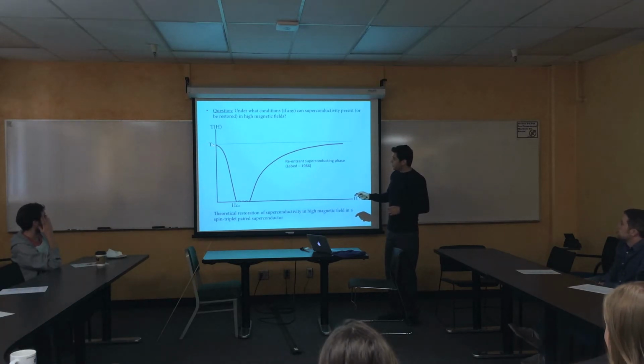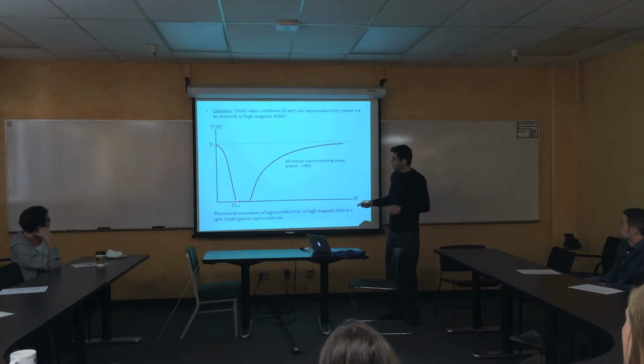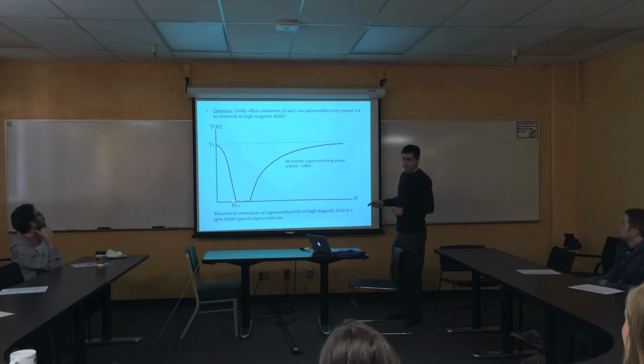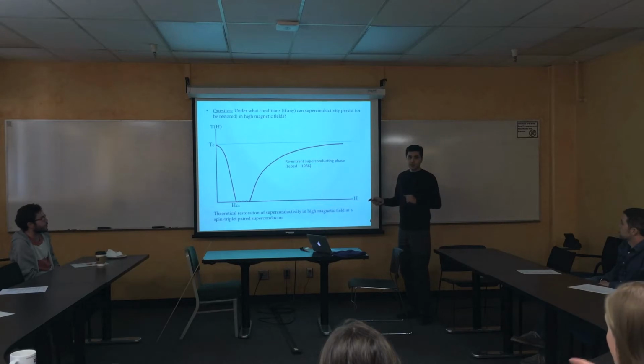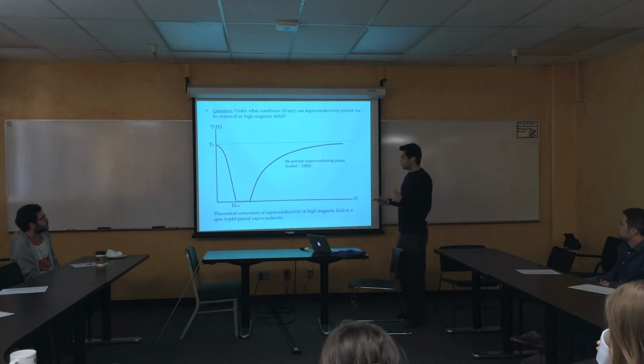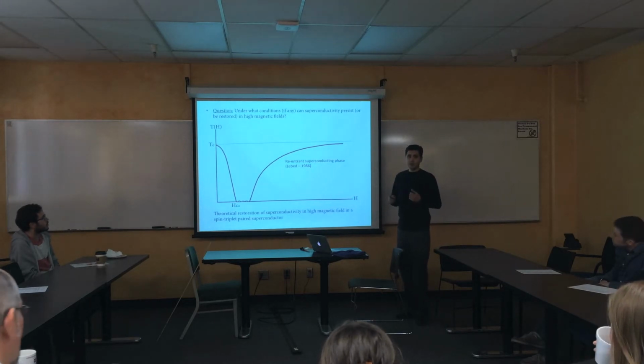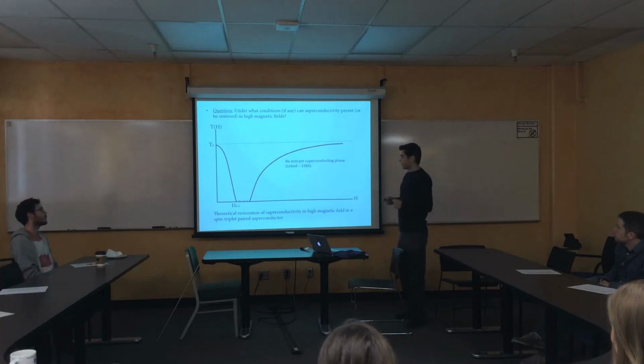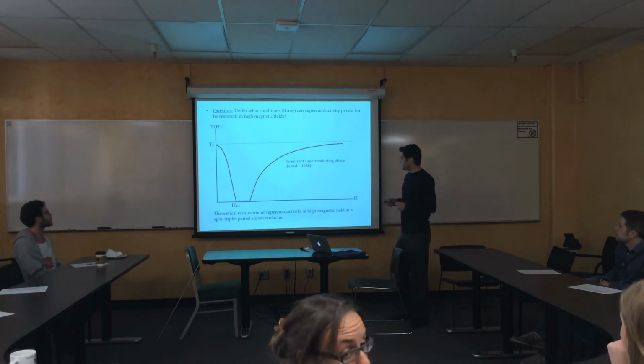As I increase the magnetic field, the critical temperature goes down until eventually at the upper critical field, superconductivity is destroyed. And then you might have some fluctuations here. Superconductivity starts to restore. This restoration occurs because of a quite general phenomenon called dimensional crossover, and I will explain what that is.